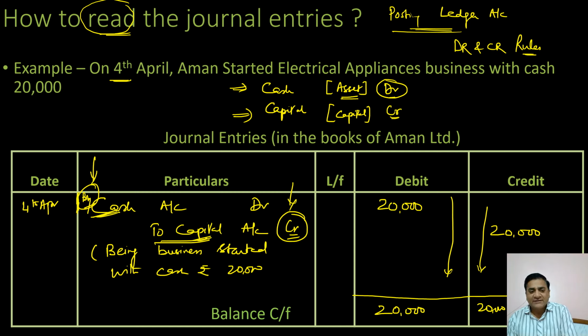We would say by cash account debit to capital account credit. These two are not written, but they are to be read out, so that the concept of to and by becomes easier for us, and the next step, which is related to posting into the ledgers, would become very easy for us, right?